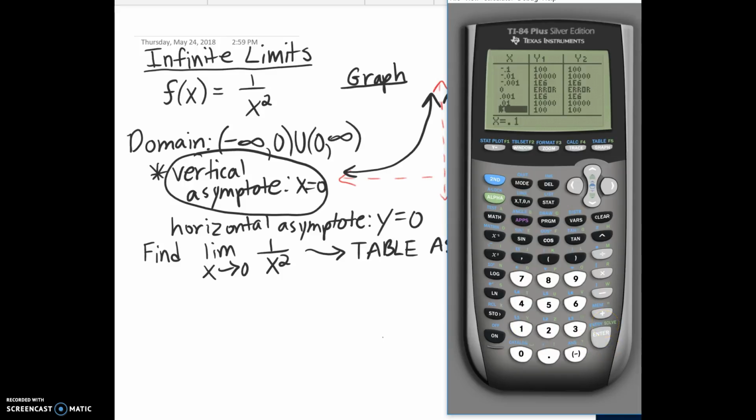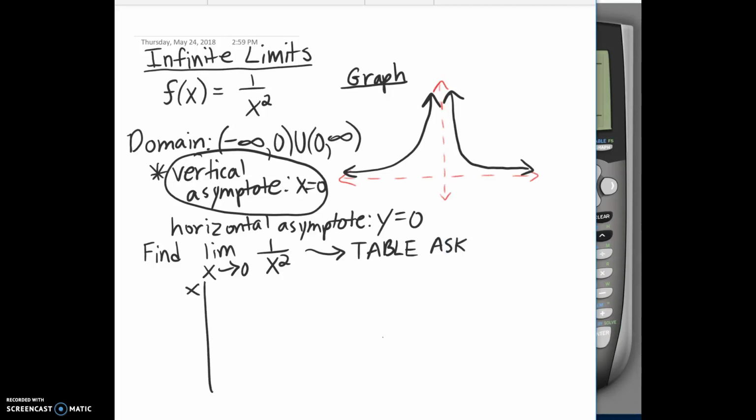Now in this version of the calculator, that's as many values as I'm going to get. So I'm just going to write in those answers here. Kind of look at what's happening as we get close to 0. Now for the -0.001, we actually have 6 zeros we want to put there because it says E6.